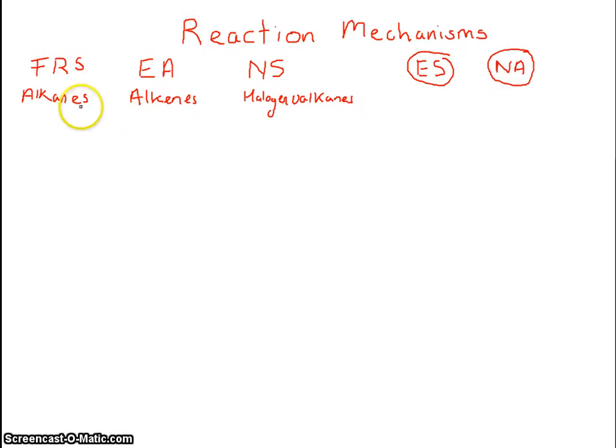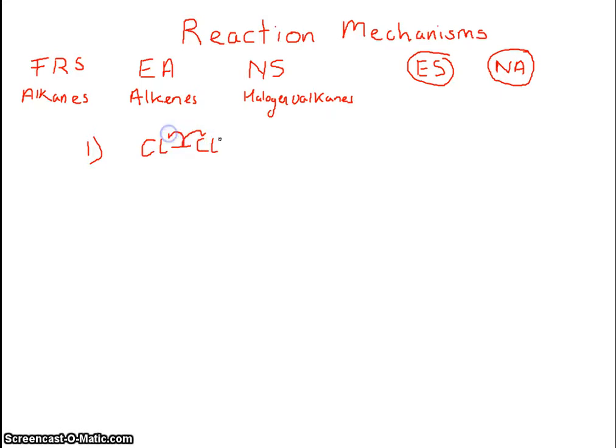So if we look at free radical substitution first, there are always 3 stages in free radical substitution. A free radical is any chemical species with an unpaired electron. So for example, what happens in our first stage is that if chlorine gas ends up in the upper atmosphere, the chlorine molecule, which is 2 chlorine atoms bonded covalently, will absorb UV light and the bond will break homolytically.